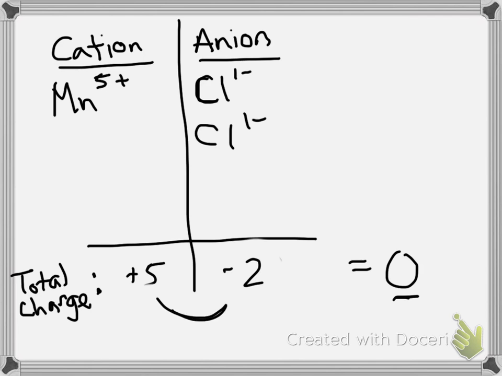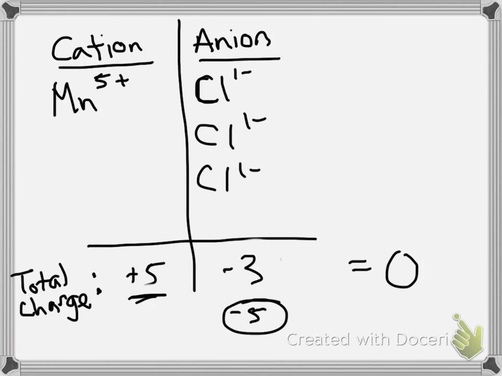I'm now at a total of -3, so +3 total, but I'm not quite at 0. So I still need to add more negative charges. As you can probably guess, how many chlorines I'm going to need to add: if I need a total +5, that means this is going to have to be a total -5. Well, how do I get to -5?